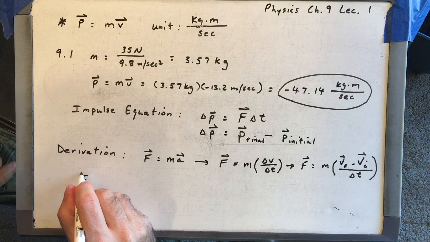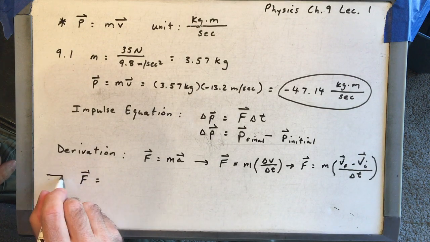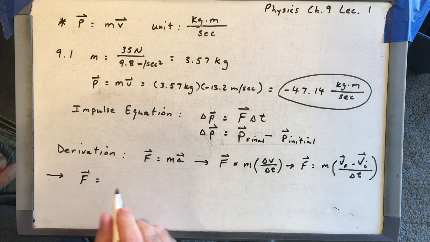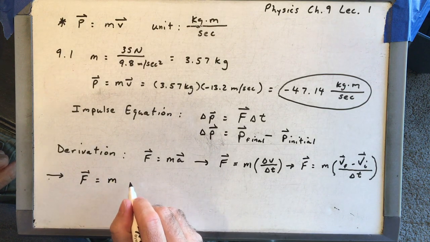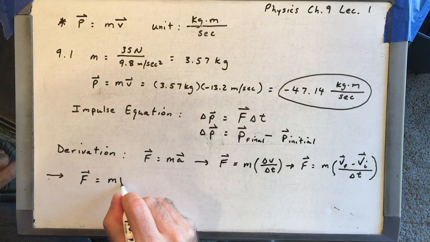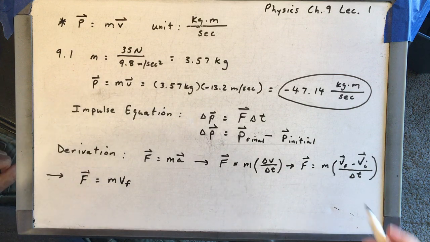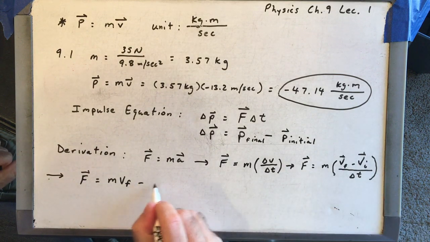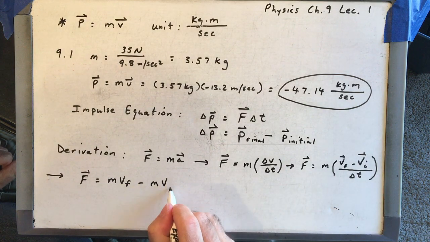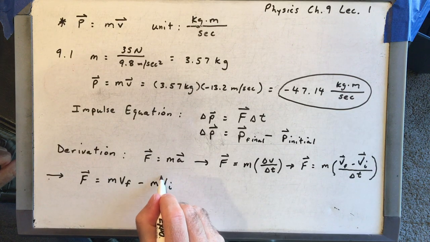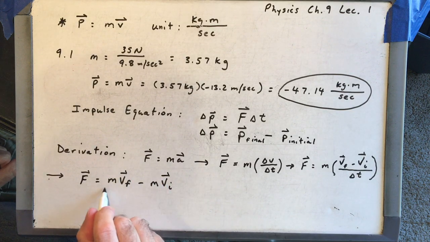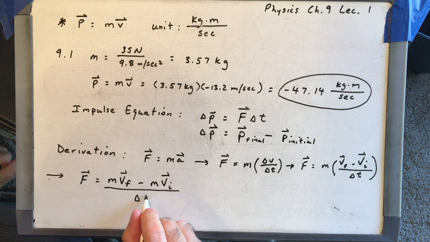Then we can write that as the force is equal to mass times the final velocity, let's distribute that mass, minus the mass times the initial velocity over the change in time.